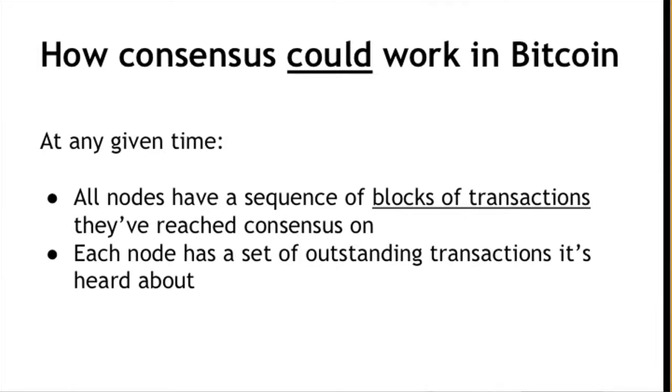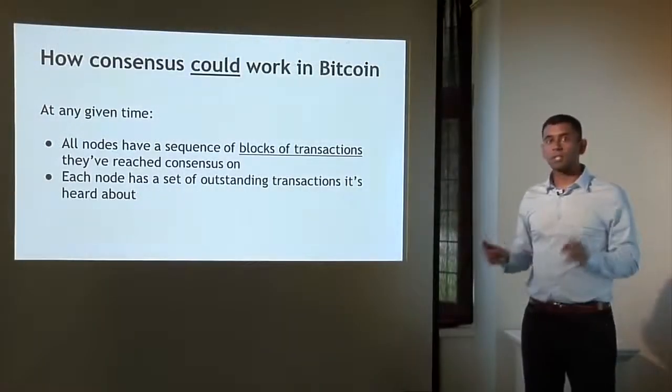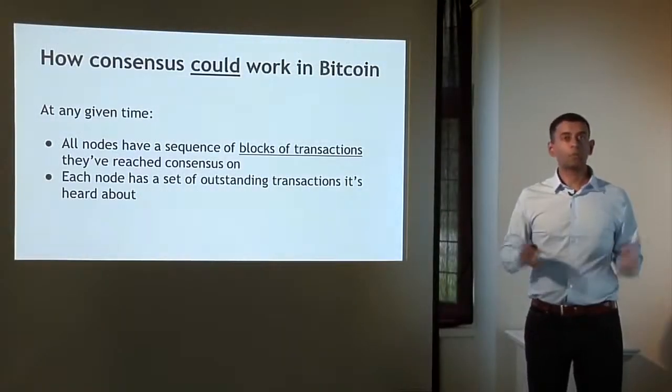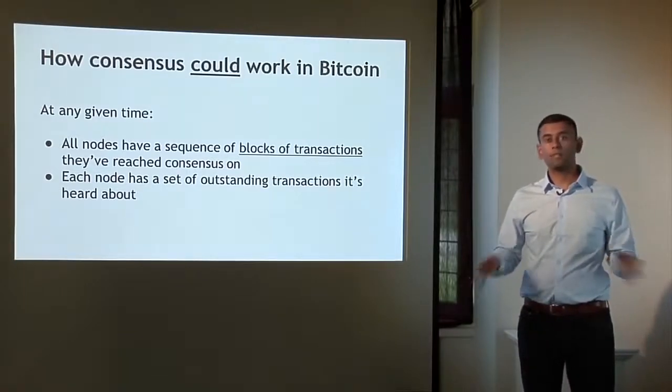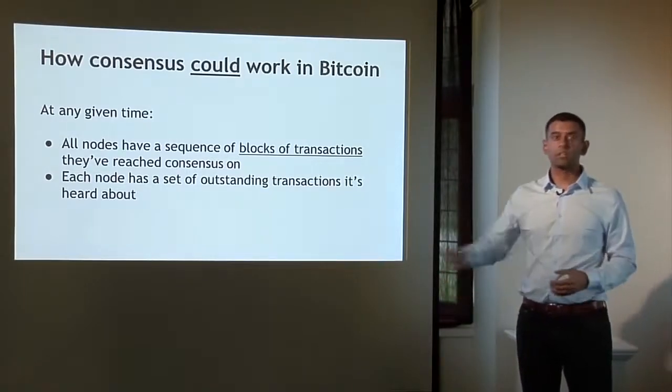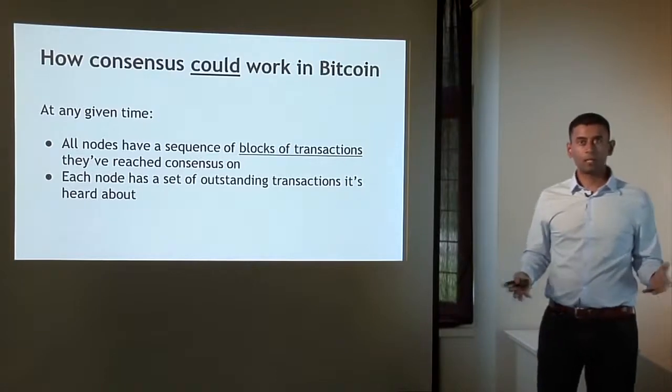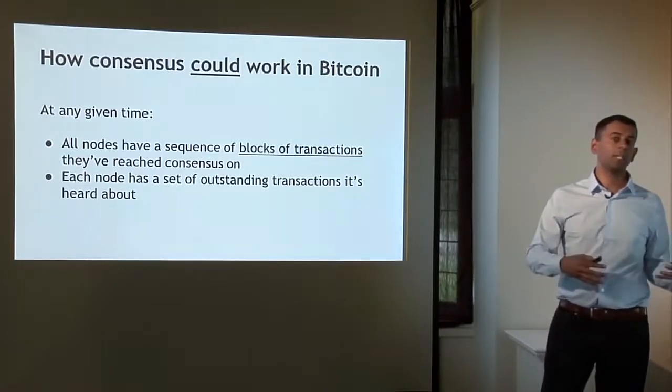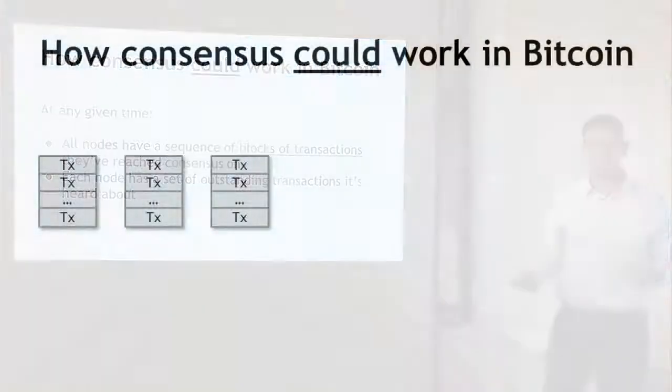And each node would then have a set of outstanding transactions that it has heard about. Recall that for these transactions, consensus has not yet happened. And so almost by definition, each node might have a slightly different version of the outstanding transactions that it's heard about. The peer-to-peer network is not perfect, so some node may have heard about a transaction, but not other nodes.